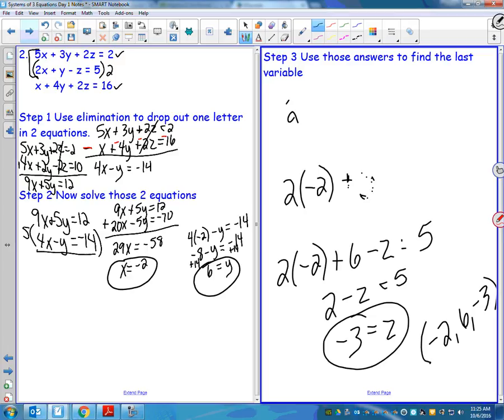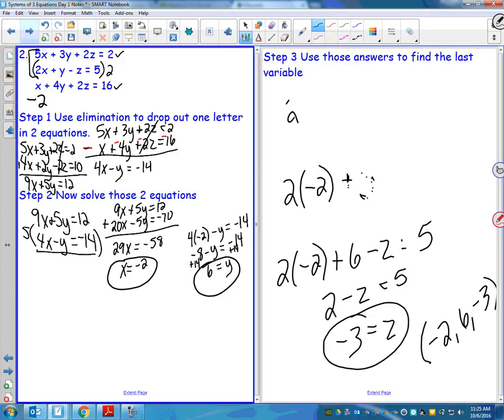Angelina. In the bottom equation? Yeah. So if I plug in negative 2 into the bottom equation, I would get negative 2 plus 24 plus 2z equals 16, right?